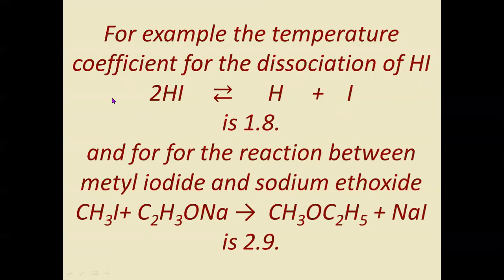If we increase the temperature by 10 degrees centigrade, the rate will be 1.8 times, nearly 2 times, or double. And for the reaction between methyl iodide and sodium ethoxide, it is about 3 times, that is 2.9.